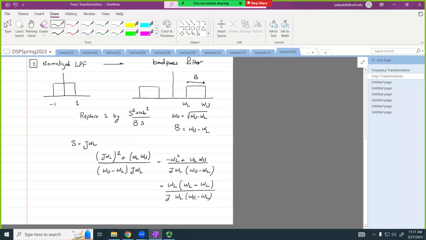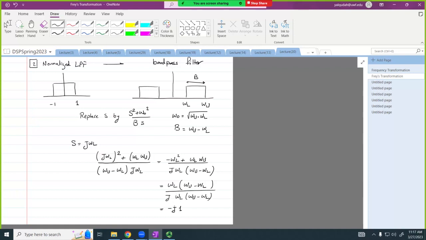And these will cancel each other. At the top, the second one should be upper minus lower. And this is going to give us negative j multiplied by 1, which is omega equal to -1.